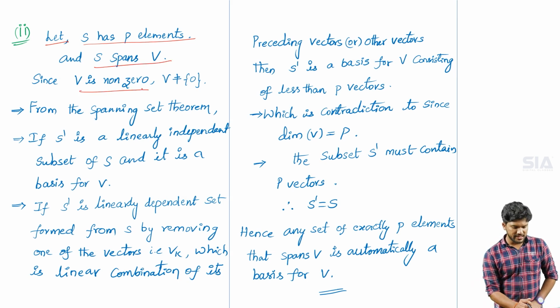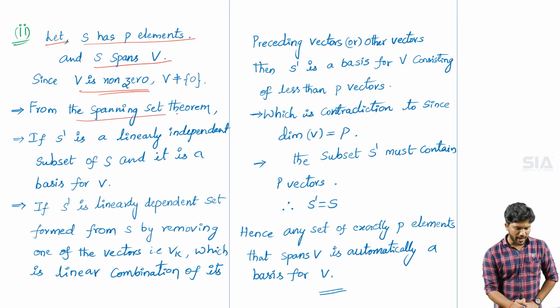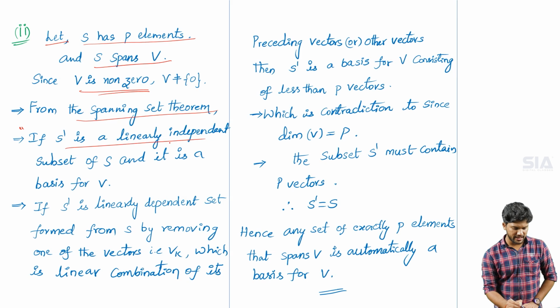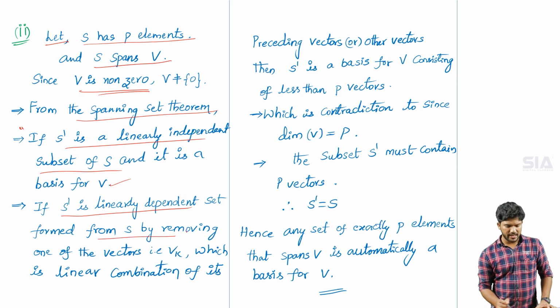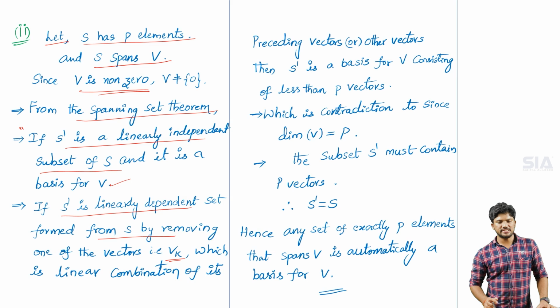Since capital V is a non-empty set, why? Because it is a vector space. From the spanning set theorem, what is that? If S dash is a linearly independent subset of S and it is a basis for V; if S dash is a linearly dependent set formed from S by removing one of the vectors V suffix k, which is a linear combination of its preceding vectors.